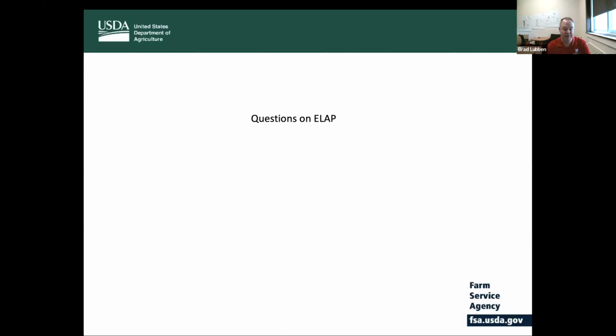The one thing about ELAP is, as diverse as it is, we've seen ELAP utilized for all sorts of different disasters. But when we're looking specifically at drought and applying, we would have to meet that drought criteria in the county where those livestock are located.